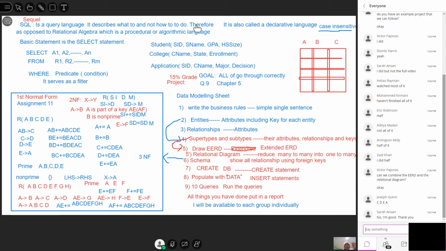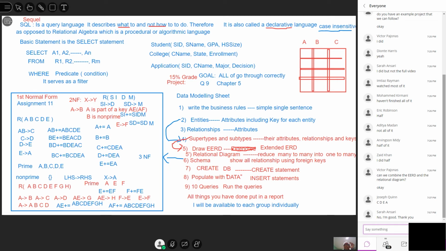Here you only make a statement of what you want. Therefore this language is also called a declarative language. That means you just declare what you would like in the result. So it says what, not how, and it is called a declarative language.